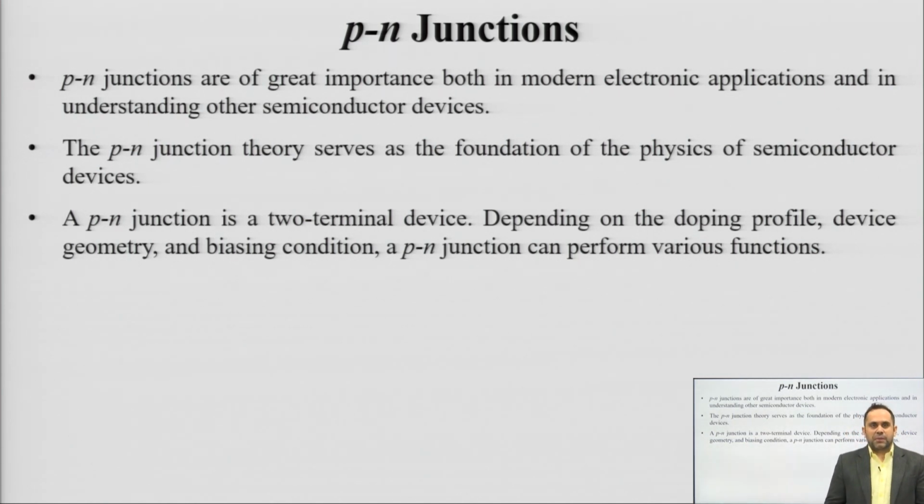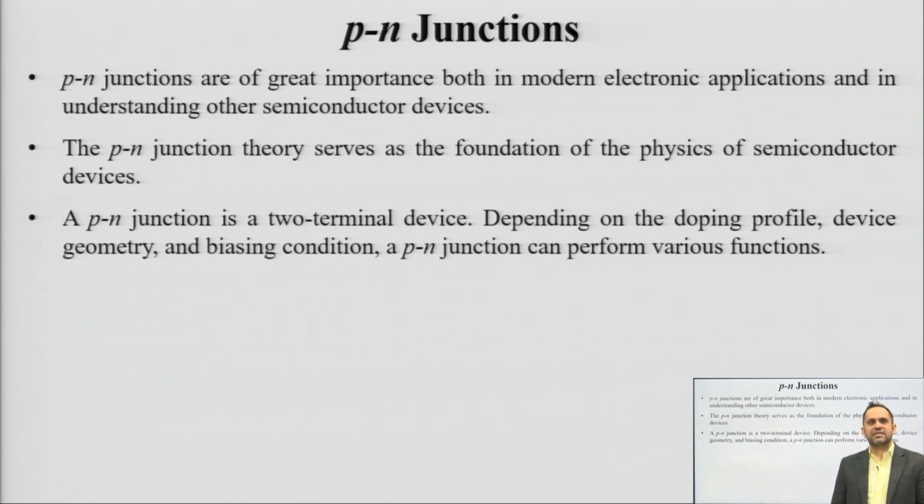But we should not limit our thinking and our analysis only to a p-n junction diode. We should analyze a p-n junction as a sort of circuit arrangement which might be present in almost every semiconductor device. Most of the modern electronic devices have at least one p-n junction included in their structure.